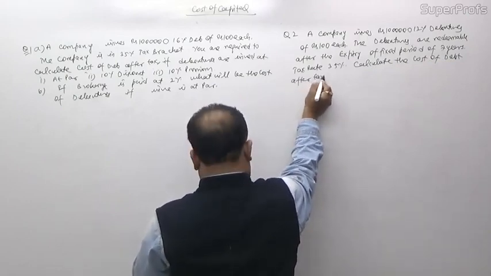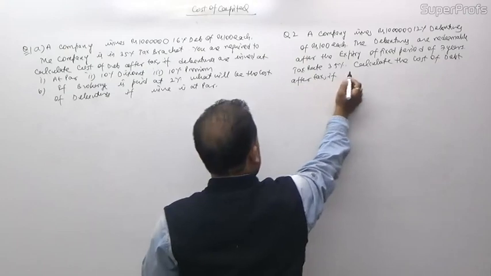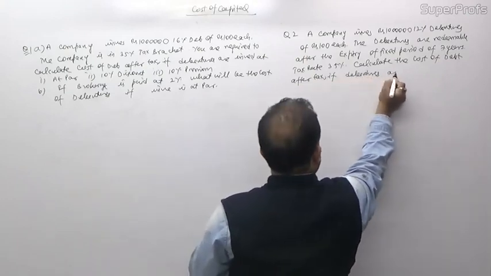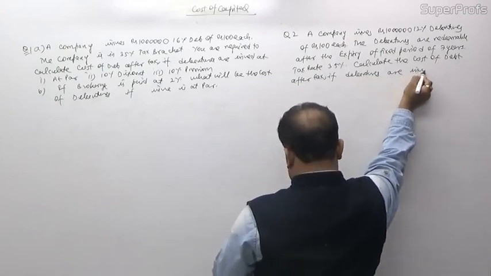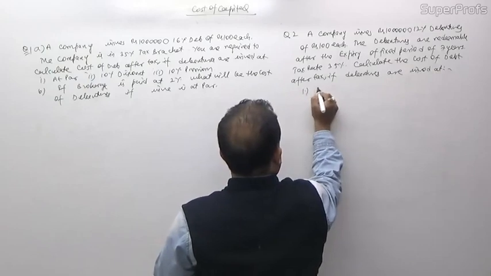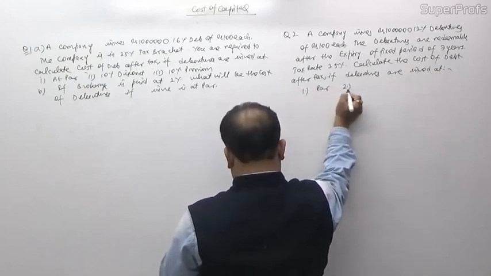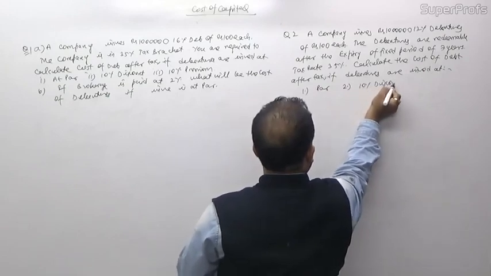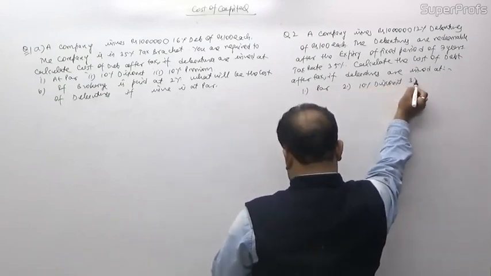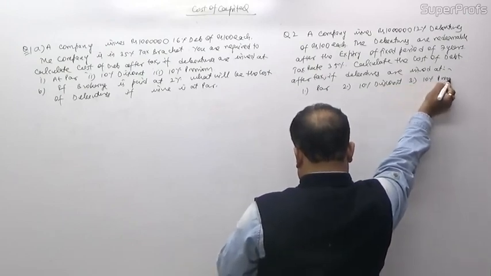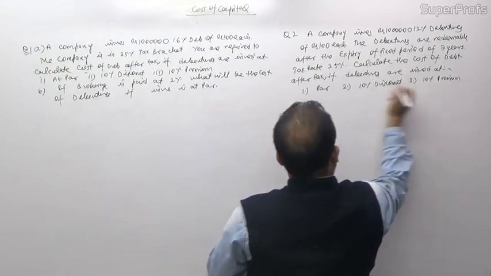if debentures are issued at number 1, par; number 2, 10% discount; number 3, 10% premium.